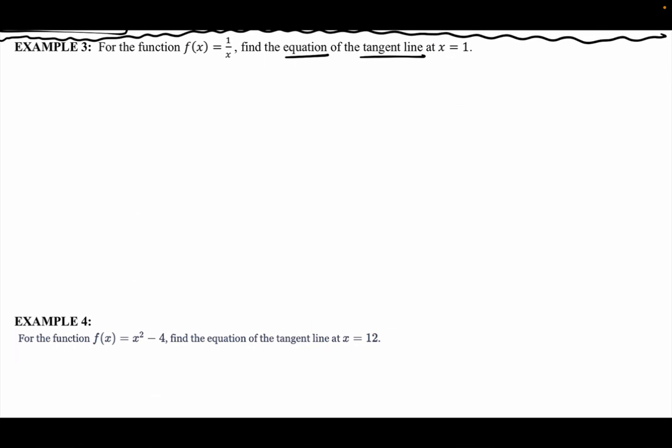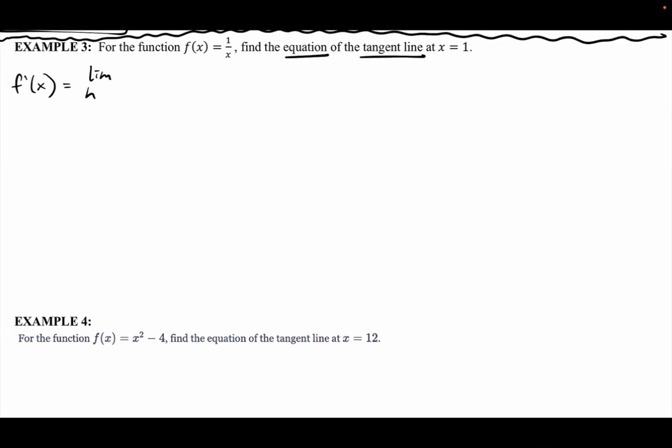But for right now, let's look at this. So f of x, the function is 1 over x. So we need to find the derivative first. So let's write derivative: f prime of x, because that's another word for derivative. Prime, we talked about that prime yesterday. So let me write the definition.